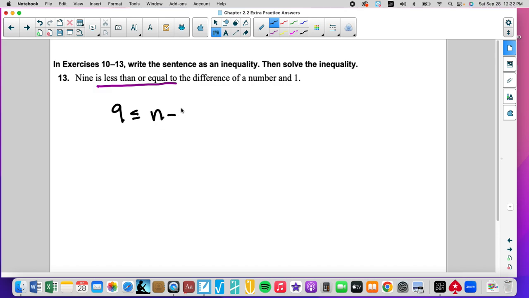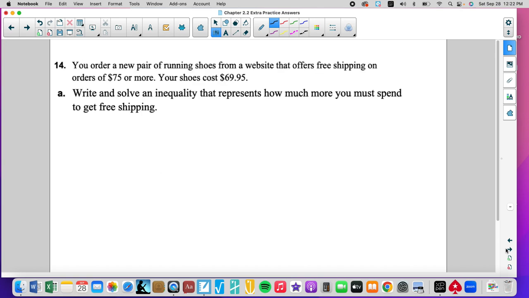The difference is subtraction. So we get 9 is less than or equal to n minus 1. We will add 1 to both sides. And we get 10 is less than or equal to n. These are nice. So that's a really good task. That's good practice to get very proficient at.